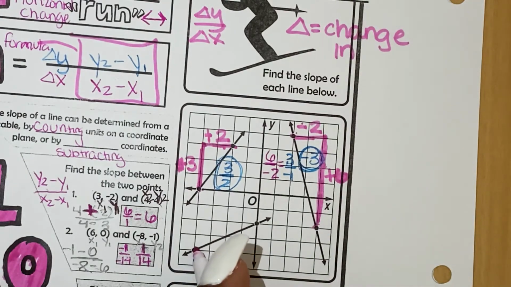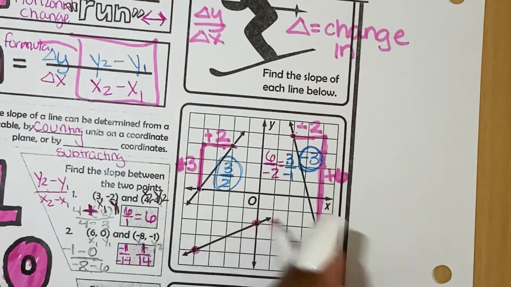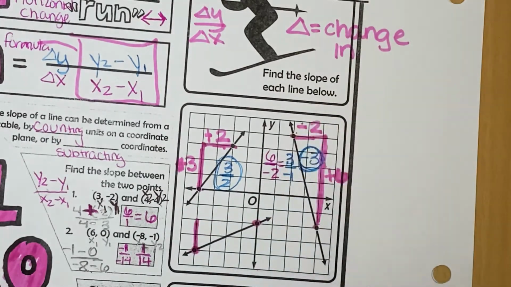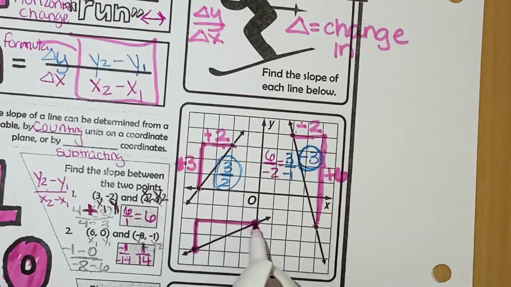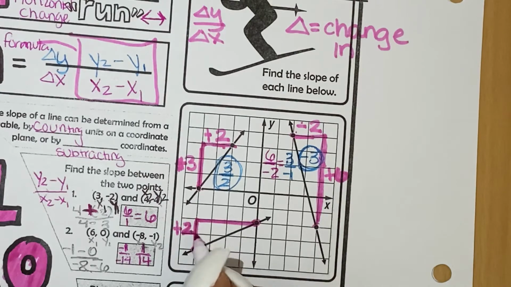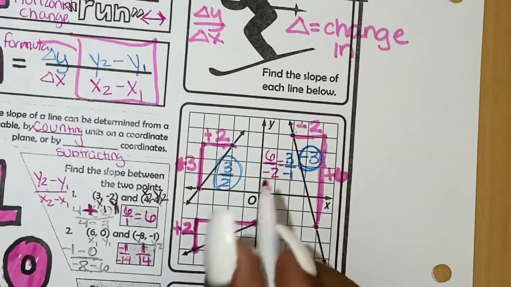We need to know how to get from one point to the next. I go up, I rise 2, and then I run 4 spaces. The fact that I went up 2 means that I added 2, or 2 up is a positive word, so positive 2, and that we went to the right.